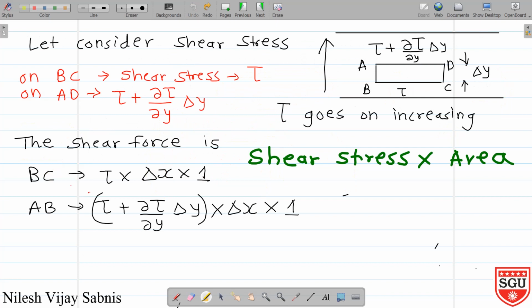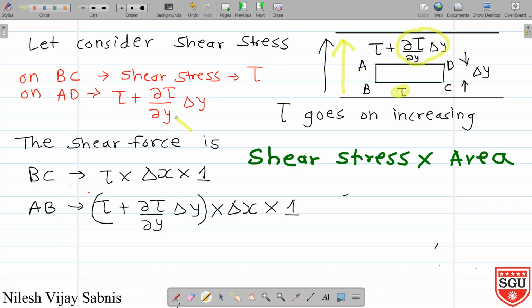Let's consider shear stress. Here we are supposed to find out force due to shear stress. On BC tau is the shear stress and as we move away from the lower bottom plate the shear stress experienced by the fluid element goes on increasing, so that on face AD shear stress will increase by this factor tau plus dou tau by dou y into delta y.